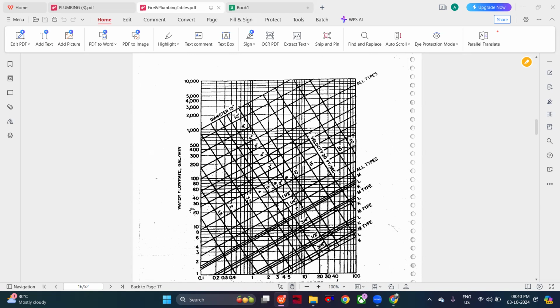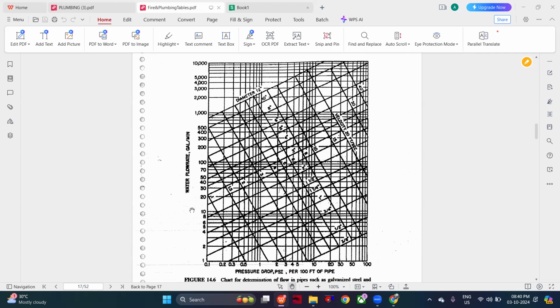Now we're going to do the pipe size here. So for the y-axis, this is the flow rate, and this is the pressure drop. And the vertical lines from left to right are the diameter, and right to left is the velocity.